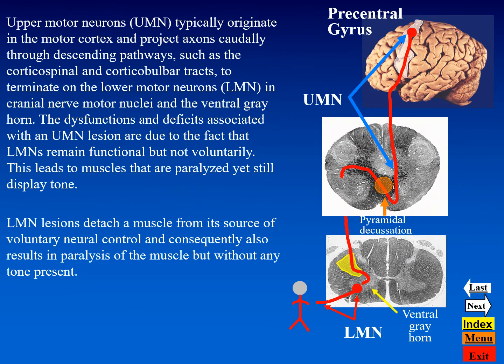So in thinking about lesions of the voluntary motor pathway, it could involve just the upper motor neurons or just the lower motor neurons, or a combination of both. In either event, we're going to have a paralysis. How we classify that paralysis will depend on which motor neuron group is involved.